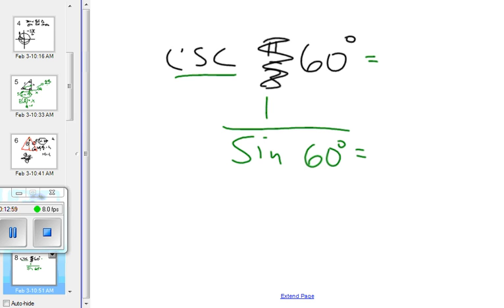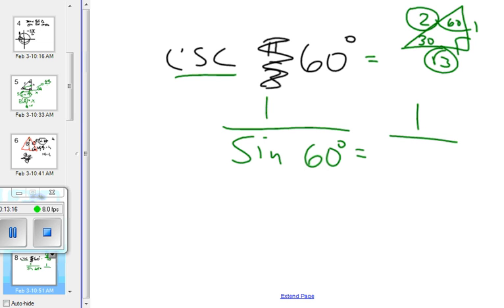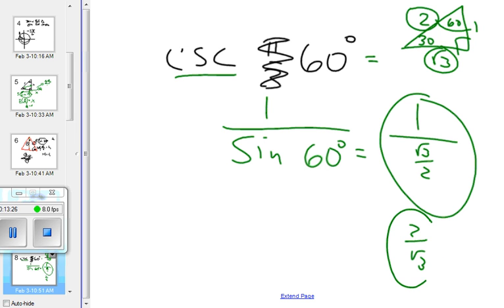So sine of 60, now I go draw this, 30, 60, 90: 1, 2, square root of 3. From the 60's perspective, the sine is opposite over hypotenuse, so root 3 over 2. And what does 1 over mean? You flip it. So the last step is to flip that root 3 over 2 into 2 over root 3, and there's your answer again. 2 ways you could have done that one.